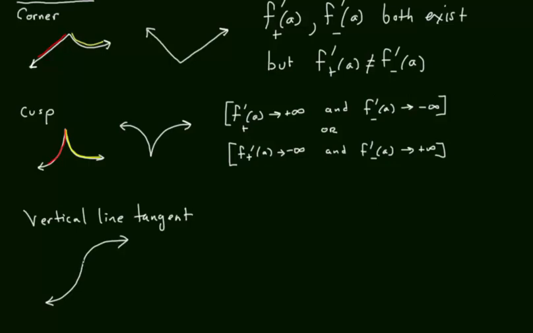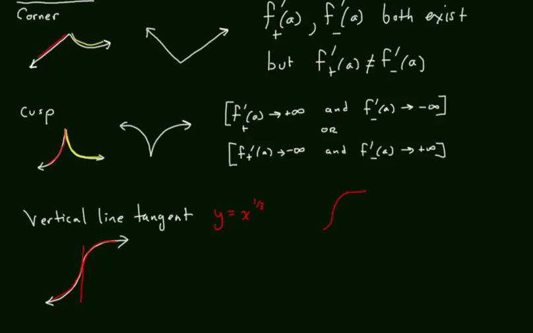If I drew it right, there should be one point where the actual tangent line is a vertical line. So we approach from the right, it's approaching positive infinity, and from the left, it's also approaching positive infinity. An example of this might be something like y equals the cubed root of x.